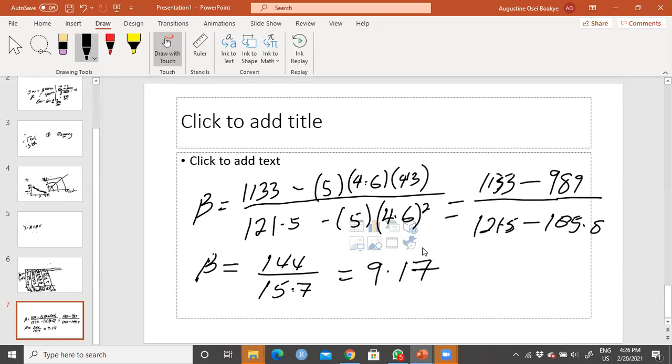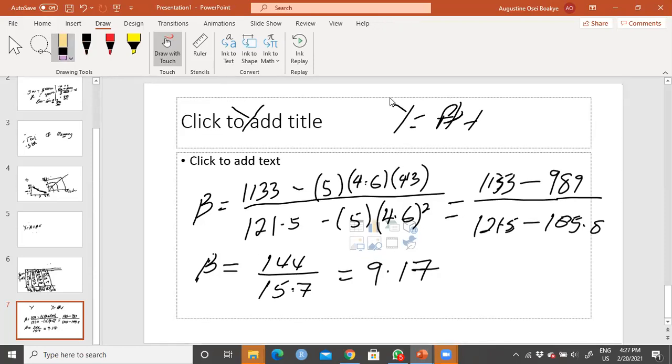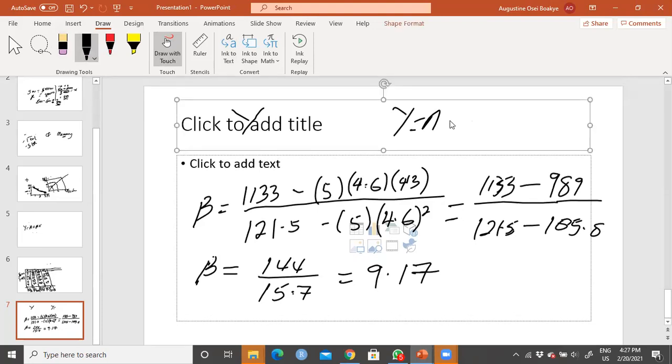Okay, so I will take 9.17. So it means that in the regression model where we have y is equal to alpha plus beta x, the b over here is now 9.17.